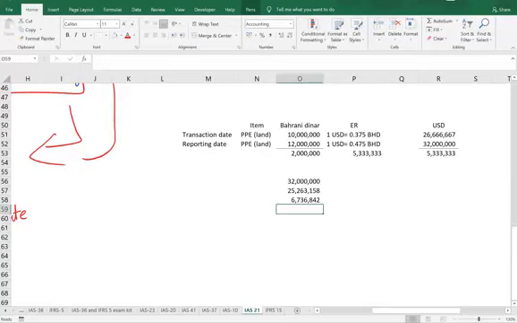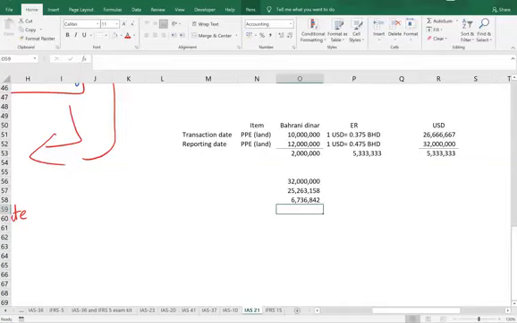Similarly, IAS 36 impairment. Let's say we're doing impairment of a non-monetary item of, let's say, land only, Bahraini land, for example, right? In that situation, again, impairment expense is taken to the PNL, not to the OCI. So any translation loss or gain will also be taken to the PNL.